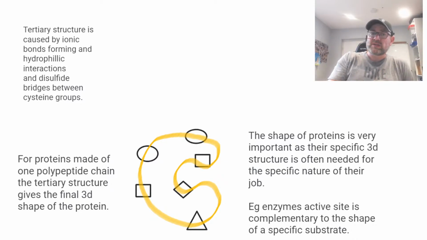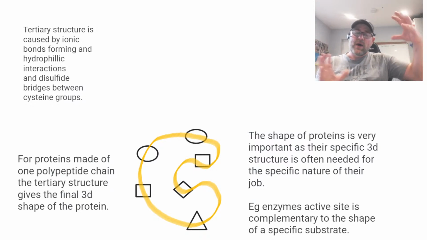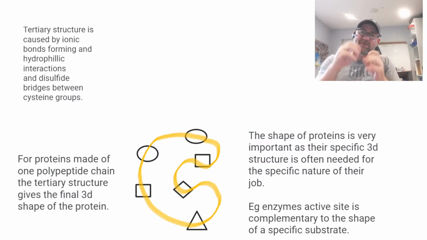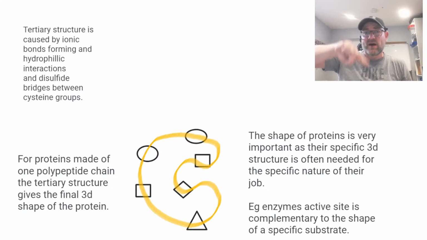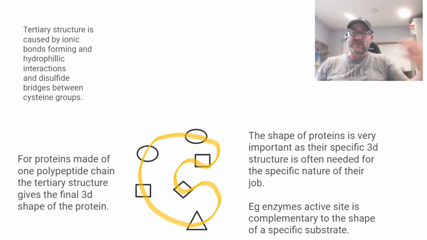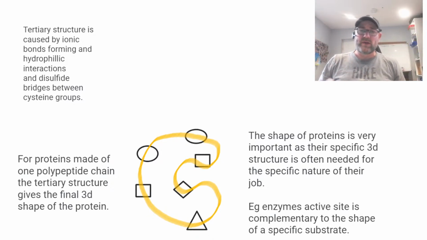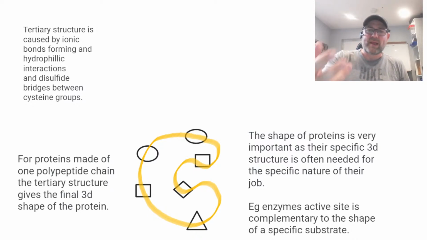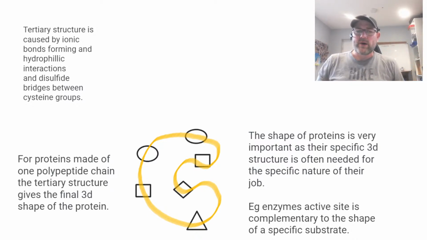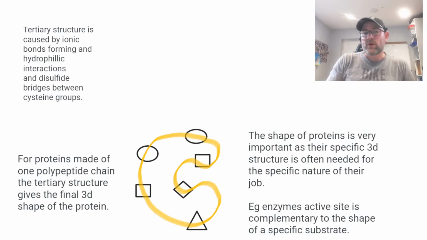And what causes the tertiary structure is that when the hydrogen bonds cause them to fold, ionic bonds start to form between positive and negative groups on the amino acid. So wherever there's a plus and a minus, we start to get ionic bonds forming. We also have something called hydrophilic interactions and hydrophobic interactions, which are the water-loving parts of the protein and the water-hating parts, and they start bonding with each other.